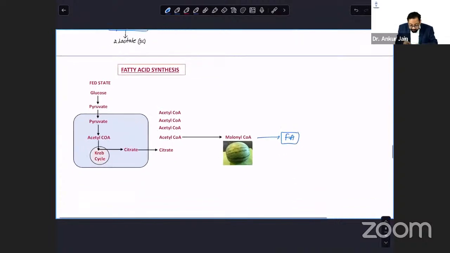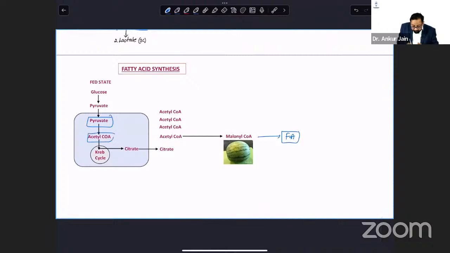This pyruvate enters the mitochondria and produces acetyl coenzyme A. Acetyl coenzyme A comes out of the mitochondria and takes part in fatty acid synthesis. So you know that whatever extra carbohydrate we take is converted to fat.